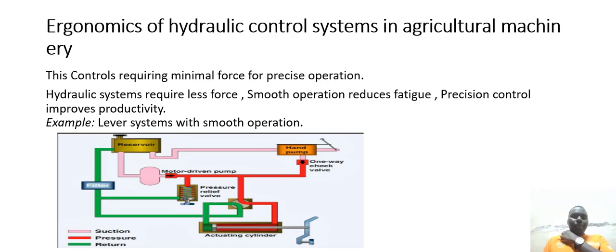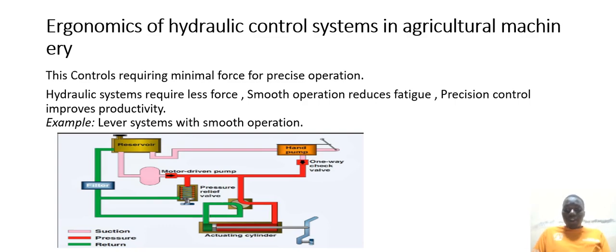Here we have the hydraulic system picture, from the reservoir to the hand pump, to the motor-driven pump, and to the pressure relief valve. The reservoir goes to the filter and actuating cylinder, and you have the suction. The hydraulic control system works by suction stage, pressure stage, and return.